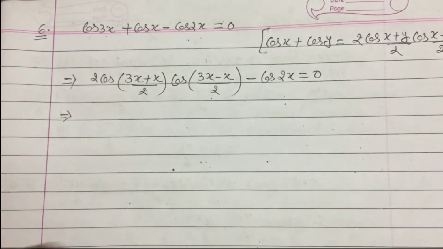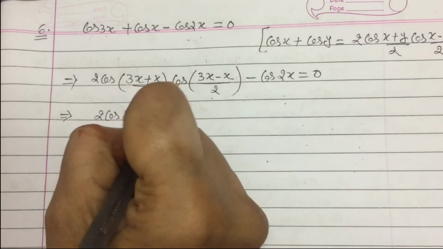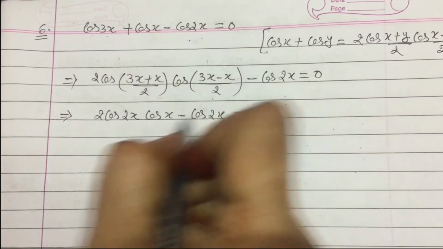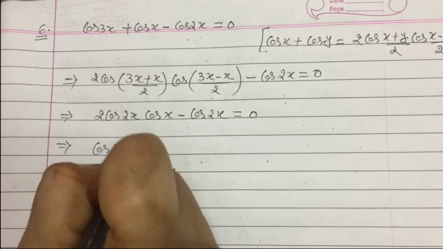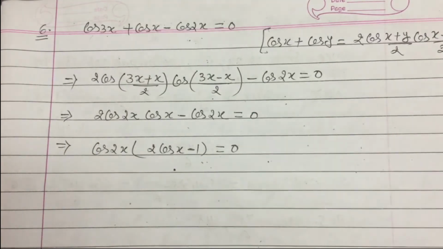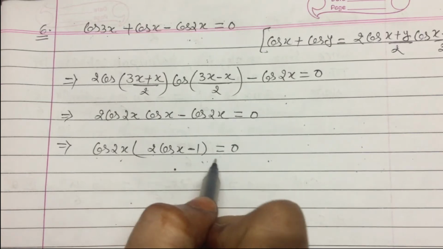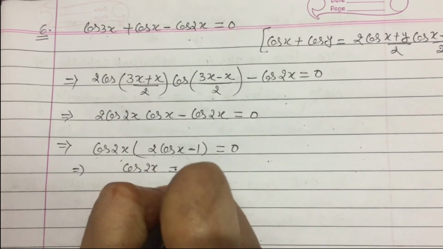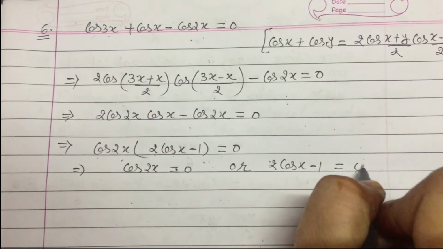Now simplify, you will get 2 cos 2x cos x minus cos 2x is equal to 0. And now take cos 2x common, you will get cos 2x times (2 cos x minus 1) is equal to 0. Okay, now there are two factors, one is cos 2x and another is 2 cos x minus 1. So cos 2x is equal to 0 or 2 cos x minus 1 is equal to 0.